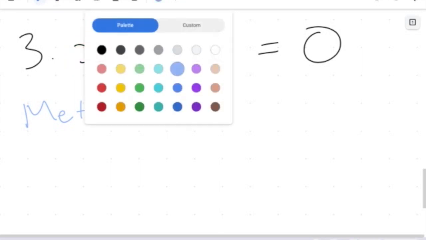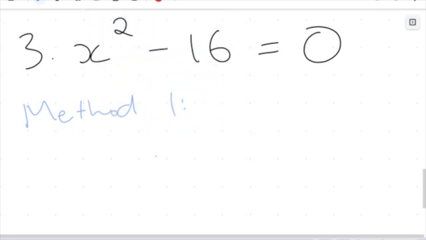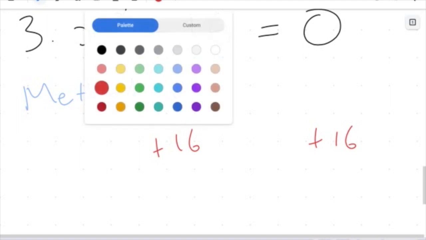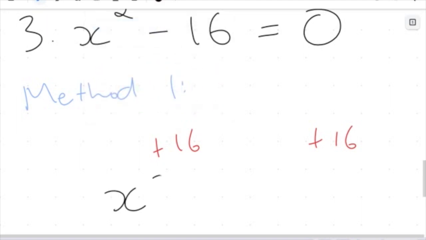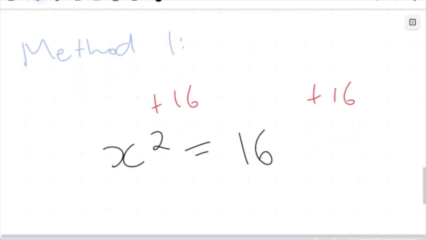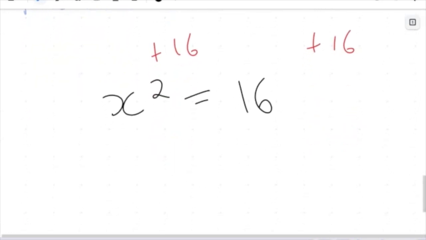So when I add 16 to both sides, I'm going to wind up with x squared equals positive 16. And here I can just take the square root, because the square root of this side is going to undo the squaring and leave us with just x on its own.